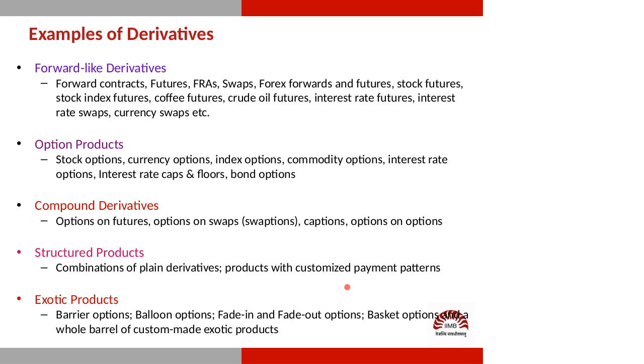Everything else, compound options, compound derivatives, structured products, exotic products, these are all combinations or trade-offs on these two basic products, which are your forward contracts and your option contracts. Everything else is nothing but a combination of those.